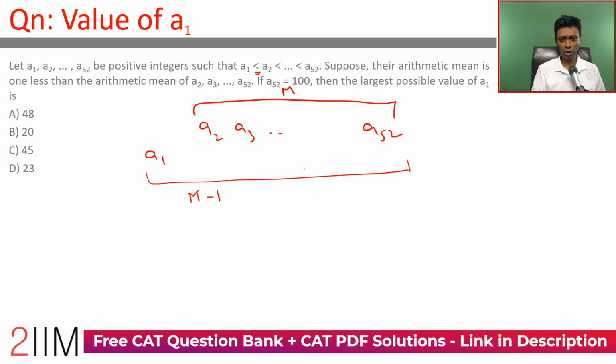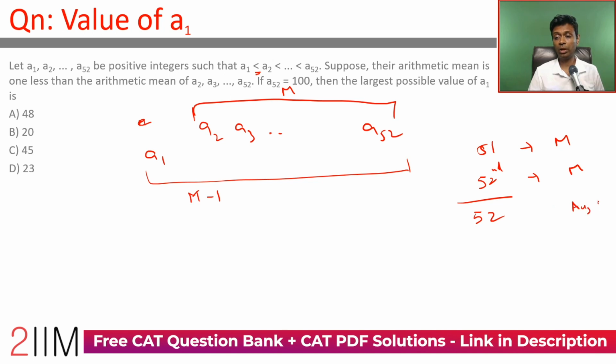The wonderful question. So I'm going to think about it like this. A2 to A52, the arithmetic mean is M. A1 comes in. Think about this. If the arithmetic mean of A1 also included to A2 to A52, and if that stayed at M, then A1 should have been M. Average of 51 entities is M. The 52nd, if that were also M, then all 52 average would be M. That's not the case we have here.